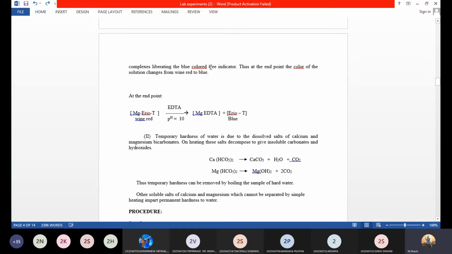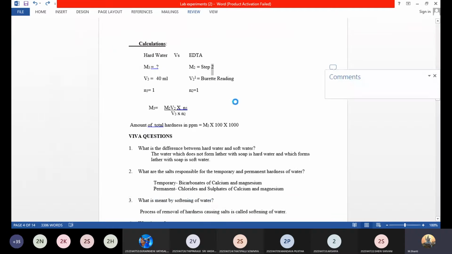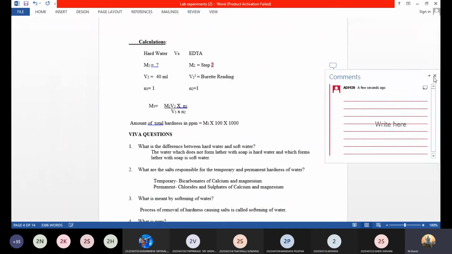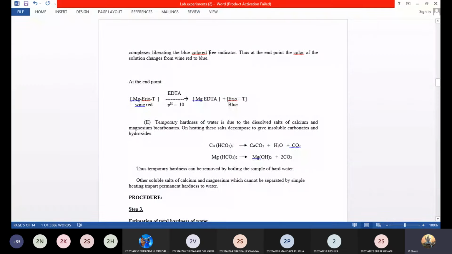Here also you have the free indicator word. And here you have the free indicator. Okay, so liberating the blue colored free indicator.